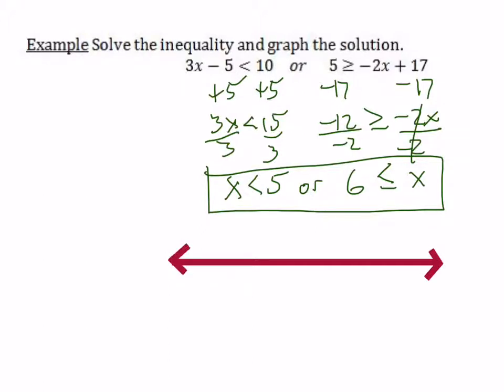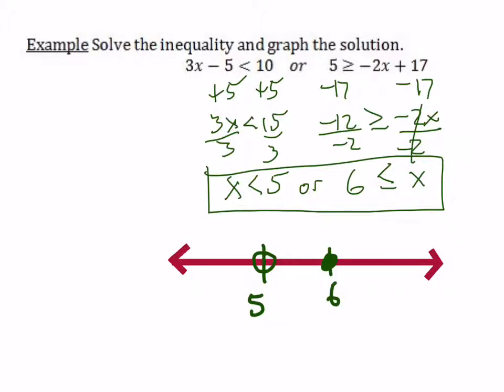Let's try our graph here again. At 5 and at 6, we're going to have some dots. An open dot at 5 because it's not "or equal to" here. Then we have a closed dot at 6 because it is included.